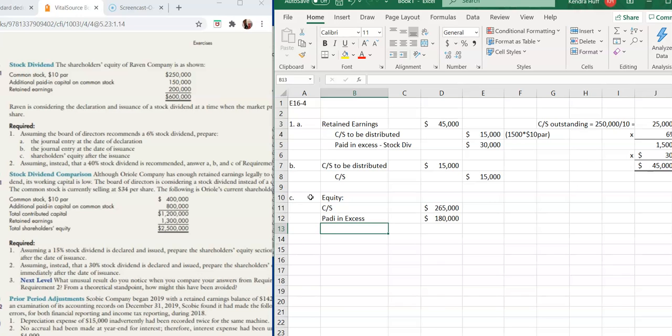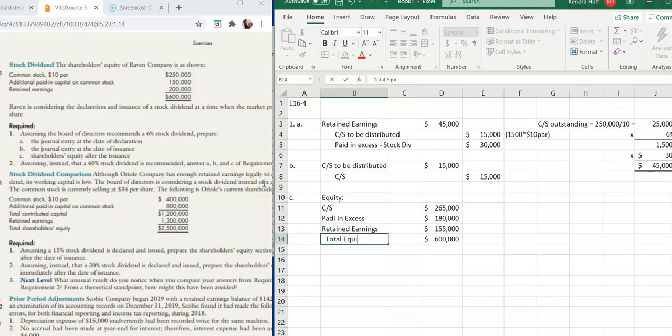And then retained earnings. It was 200,000 and we took out 45,000. Add those up. And here is our total equity.